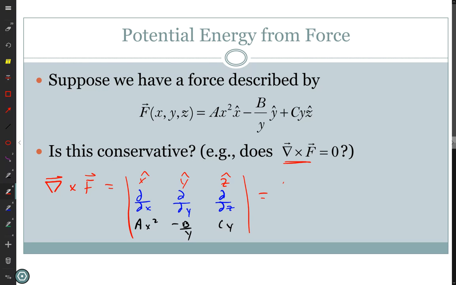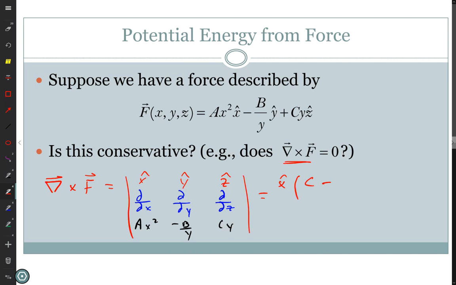So I take my x hat times the derivative of its co-matrix, which is going to be derivative with respect to y of cy. What's that? C. And then I go the other direction, of course, minus for the one that is going from top right down to bottom left. ddz of minus b what?